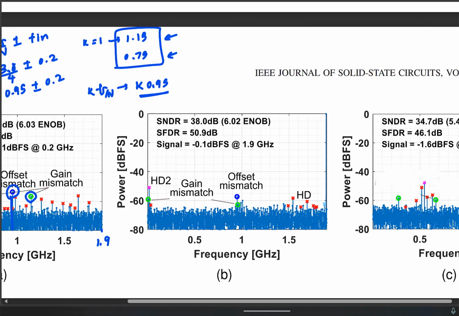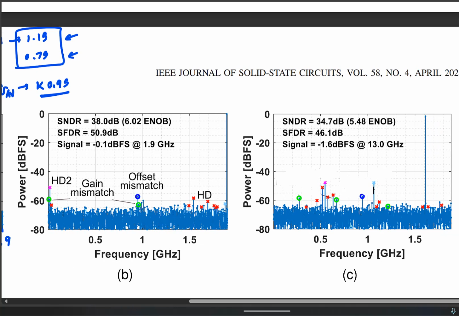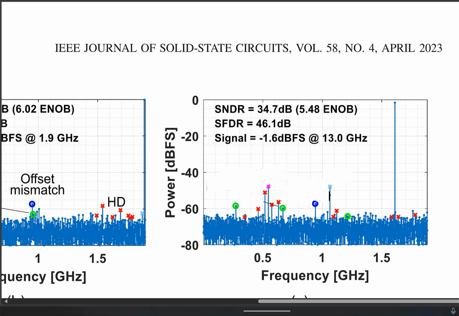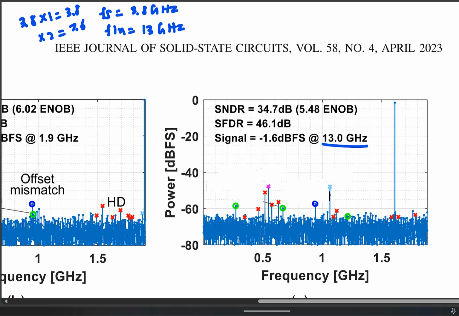So let's also do one more calculation, because this you have to think about slightly. Okay, cool. So here again the same setup. Fs is 3.8 gigahertz, but my input is at 13. So where will you see the input frequency? 3.8 times 1 is 3.8, times 2 is how much? 7.6, times 3 is.